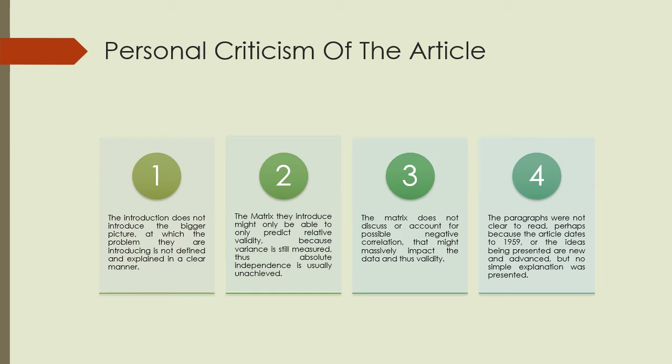The other thing is that the matrix introduced the concept of absolute independence between the values and the methods. But we do know that in real life, achieving absolutely independent methods and traits is extremely hard, and I'm not sure if it's very realistic to demand that from your researcher. So I do believe that this matrix is just going to present relative validity in contrast to the absolute independence validity that they're looking for.